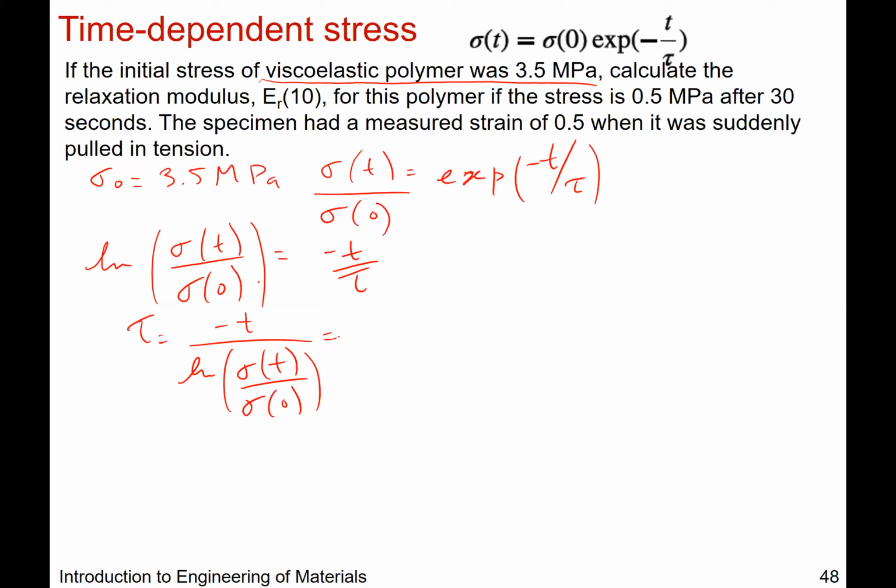Now we have some values that we can solve for. After 30 seconds, sigma of 30 is 0.5 MPa, but it initially was 3.5 MPa. So we can solve for the relaxation time.